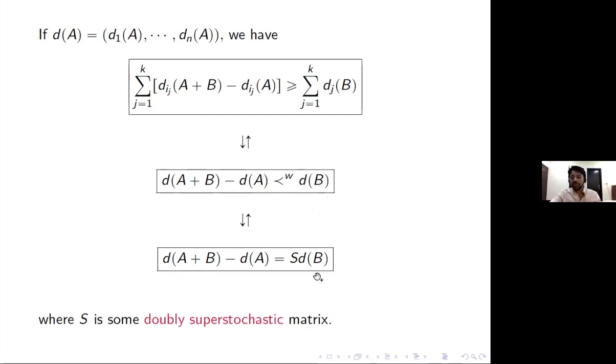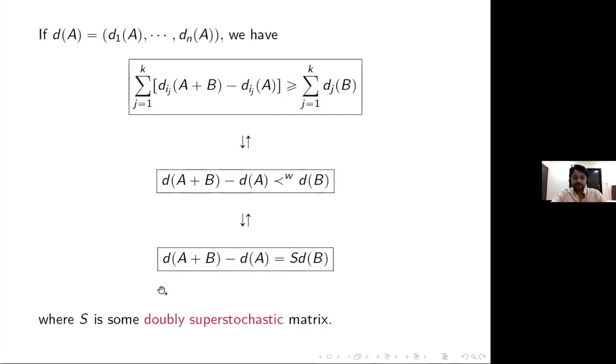So here we are using the relationship between doubly superstochastic matrices and supermajorization.